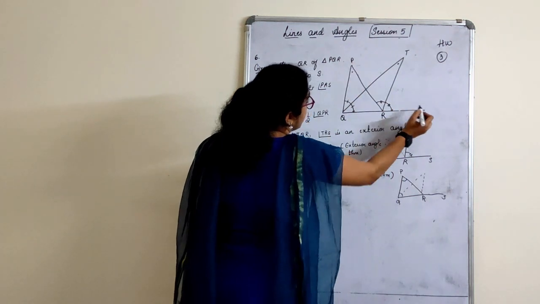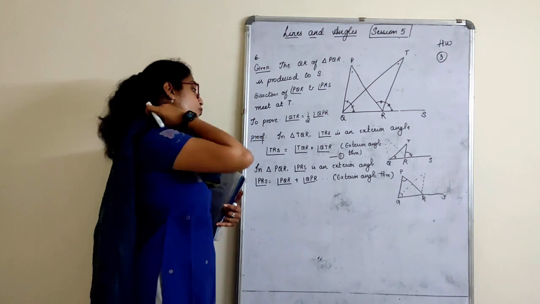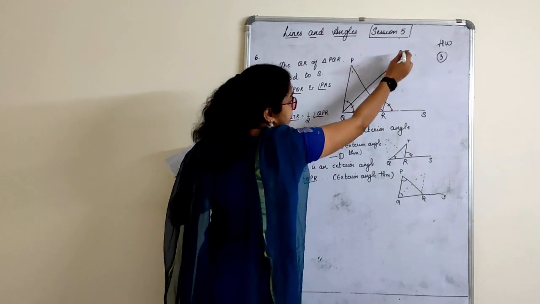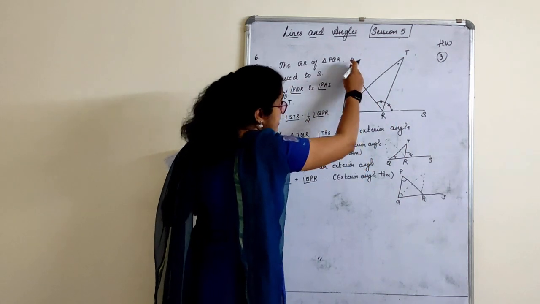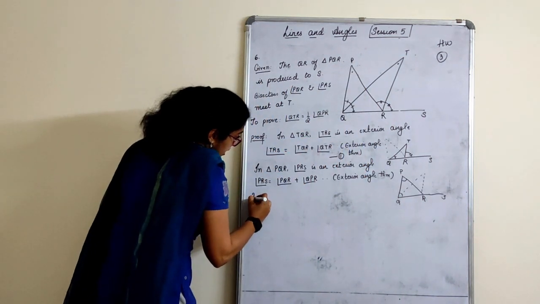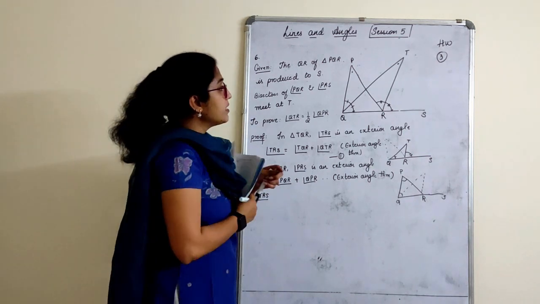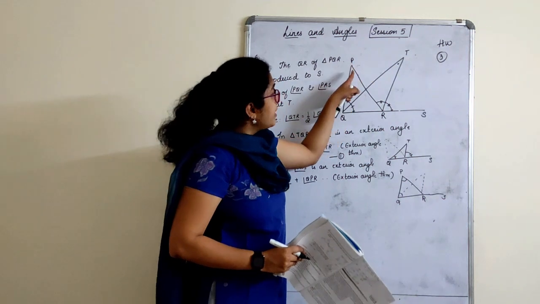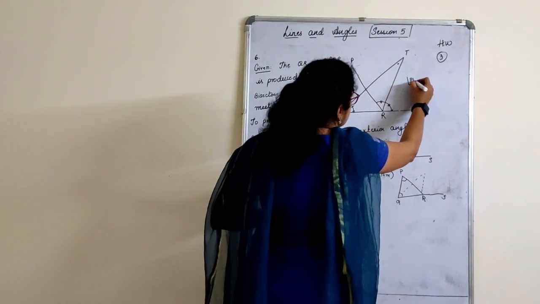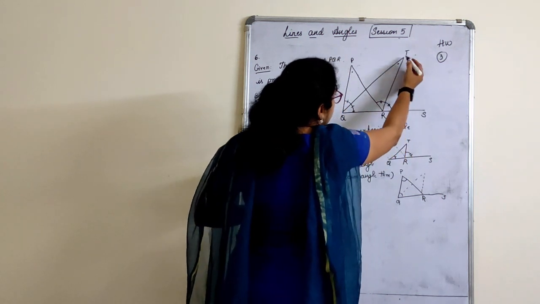Now, in angle PRS, which is the angular bisector, children? TR is the angular bisector. That means, can I write PRS as 2 times TRS? How do we write PRS? It's a bisector now.